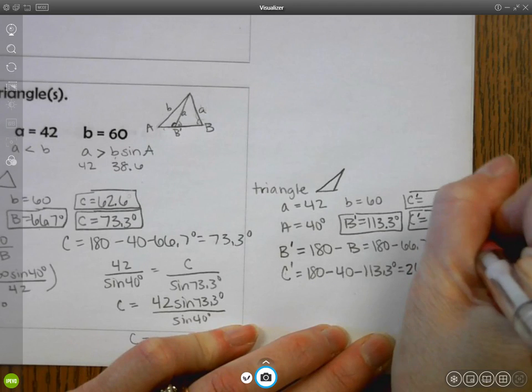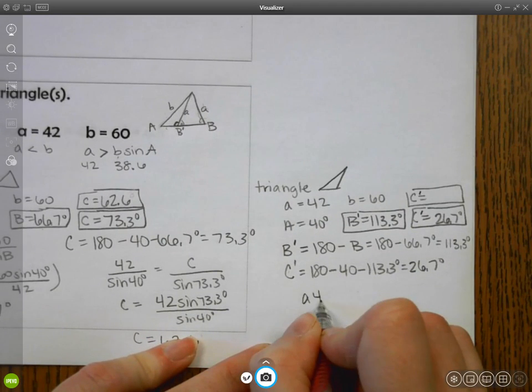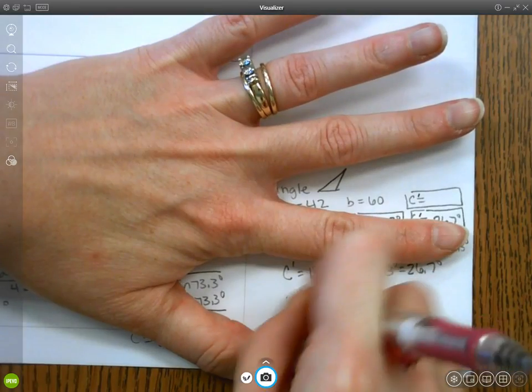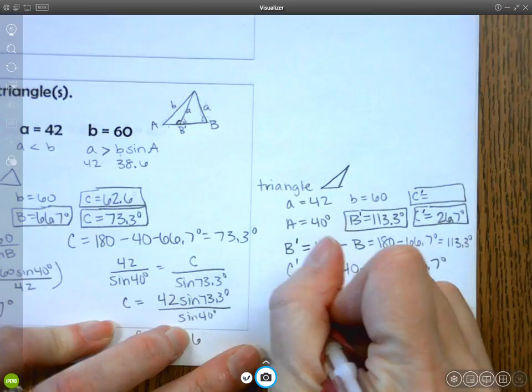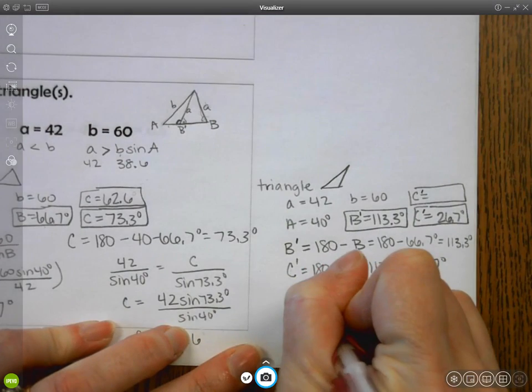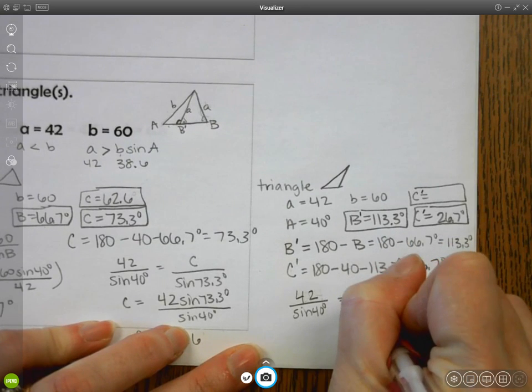All right, so then you're going to use your law of sines. Sorry, I don't know what I just wrote. Use your law of sines. So we'll set up 42 over sine 40 equals C prime over sine of 26.6.